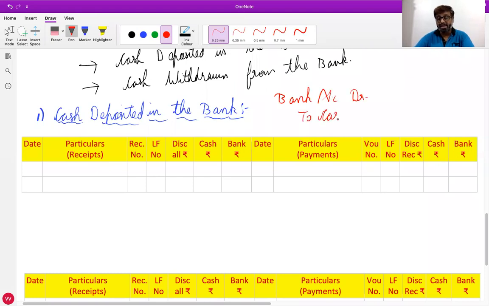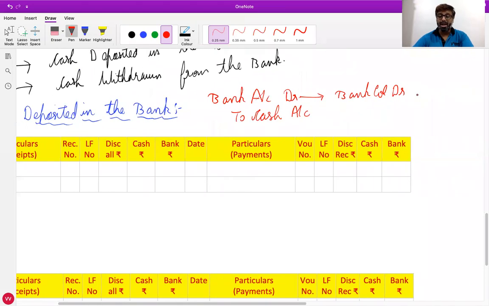Is everyone clear with this journal entry? Yes. Now, how do we record this? Understand it. Bank account debit. So in bank column, you will write on debit side. Like yesterday we did cash account debit, so write it in cash book on debit side. Do you remember this?